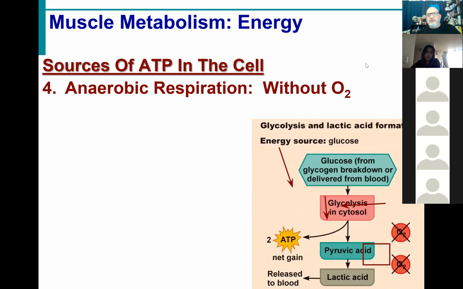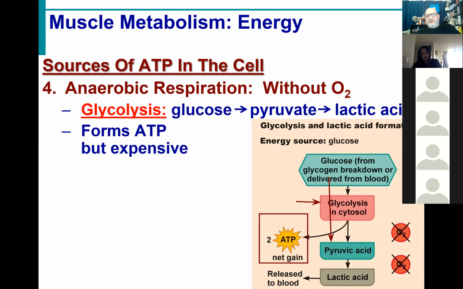And that quick and dirty way of making up the ATP is anaerobic respiration. Again, as we talked about, splitting the glucose into pyruvic acid, that process of glycolysis, does produce 2 ATP. And we don't need oxygen for that.